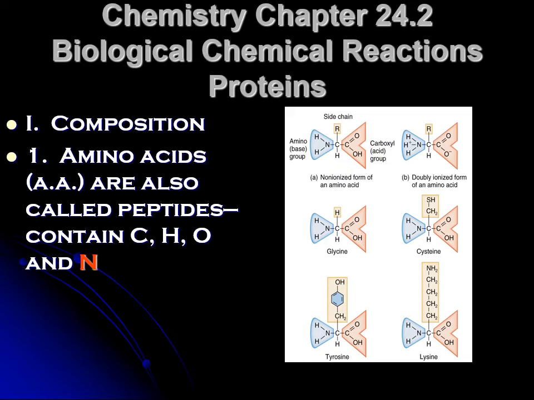Now, protein composition has carbon, hydrogen, oxygen, and nitrogen. When we took a look at the carbohydrates, they had carbon, hydrogen, and oxygen. When we look at the lipids, they have primarily carbon and hydrogen. So the new one in this is going to be the nitrogen.